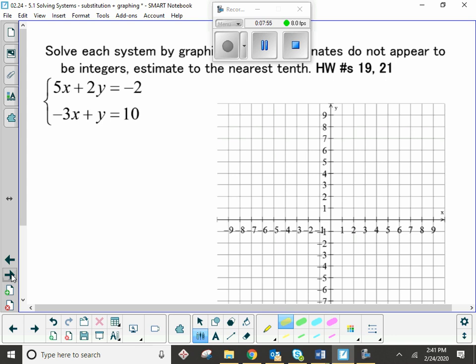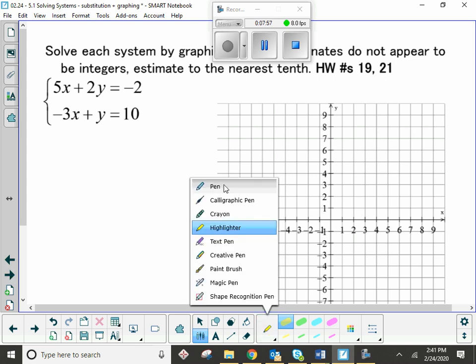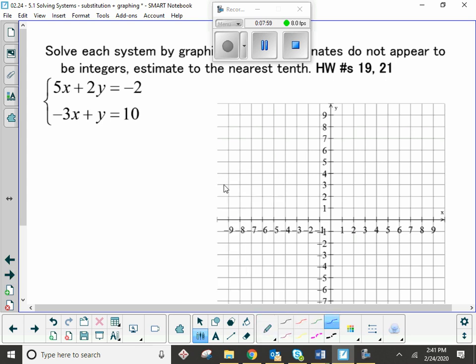Step 1 is to write them in slope-intercept form. You have to do that for both equations. So starting with the first one, slope-intercept form looks like this.